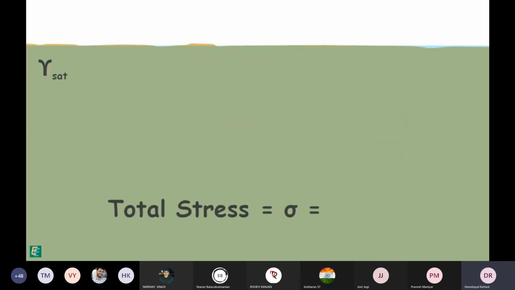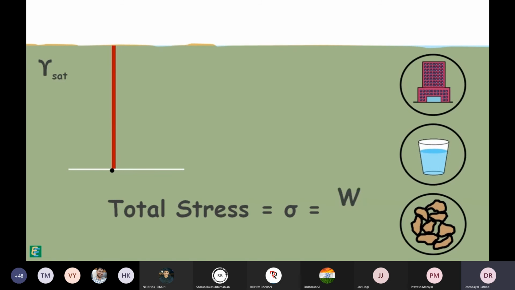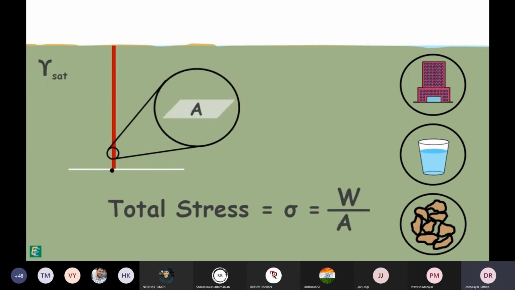Total stress at any point is equal to the weight of everything above that point, including soil, water, or overlying structure, if any, divided by the area over which this weight is acting. It can be imagined similar to pressure, which is force by area. Here, let's say the area over which the weight is acting is capital A.